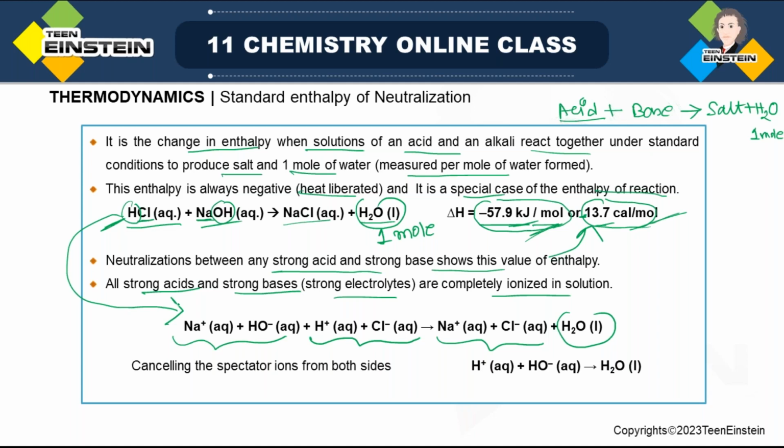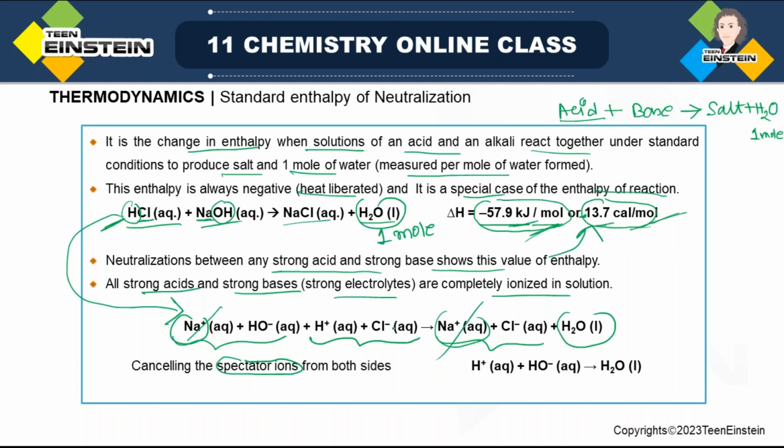But why have we done so? Our purpose is to neglect the common ions present on both sides of the equation. These common ions are basically called spectator ions, because they are not actually taking part, as if they are spectators. So Na plus is present on the left hand side and right hand side, just cancel it.